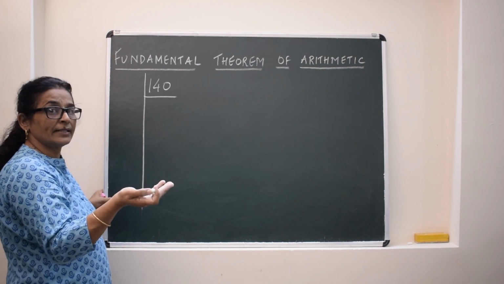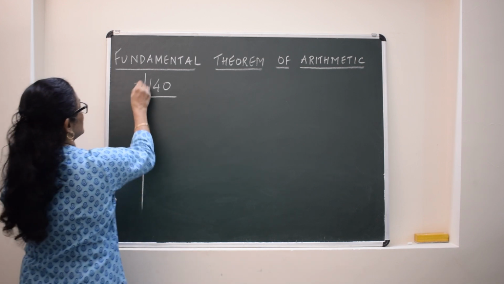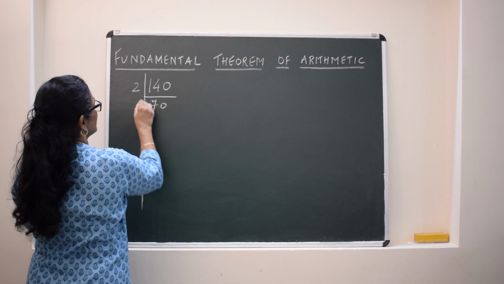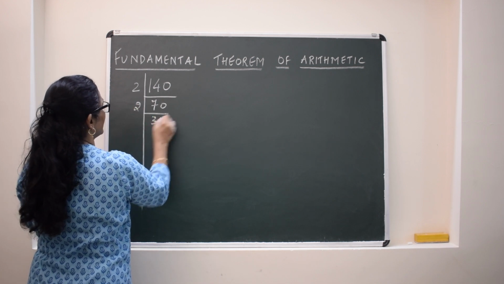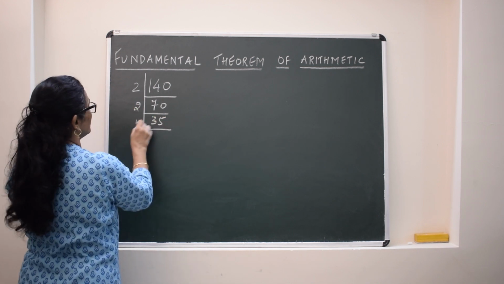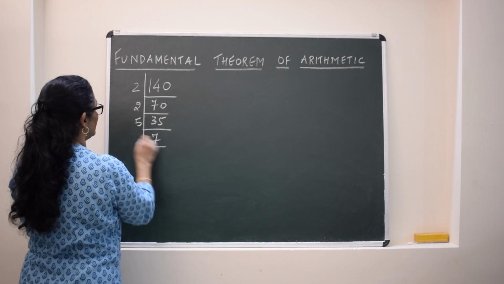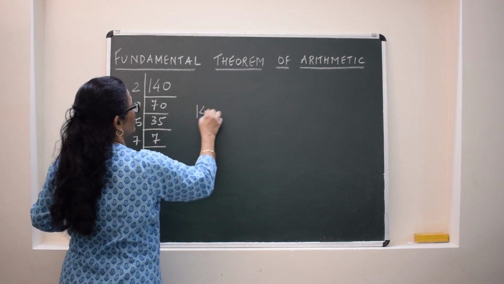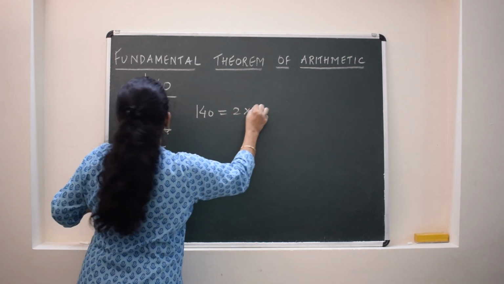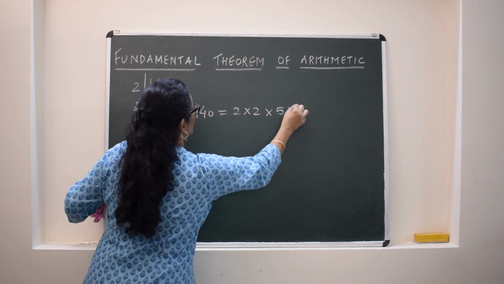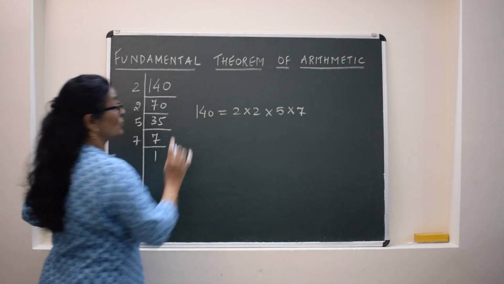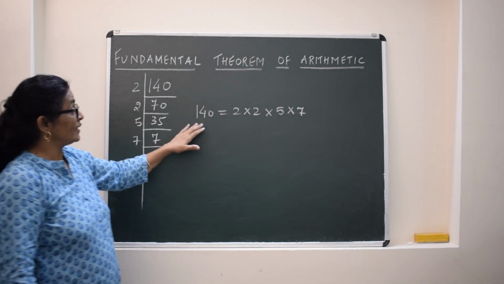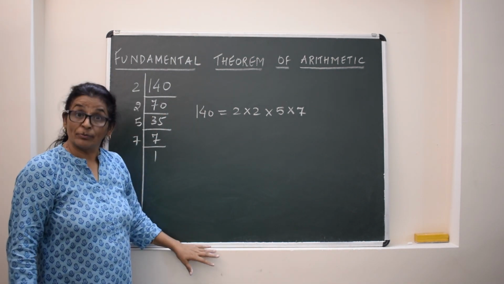Then we get 70, 35; it will not go by 3, it will go by 5, 5 into 7, 7 into 1. So the prime factors of the number are 2 into 2 into 5 into 7. This is also, you can say, the fundamental theorem of arithmetic.